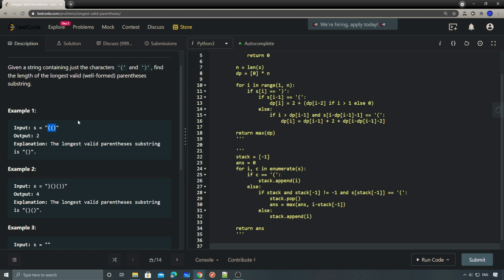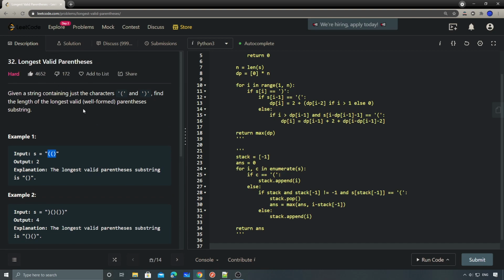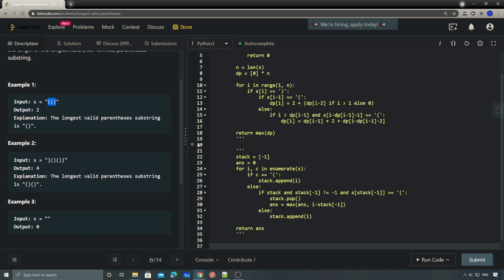The first time we loop from left to right, and the second time we loop from right to left. I think I have seen a similar problem, the longest valid substring, something like this.